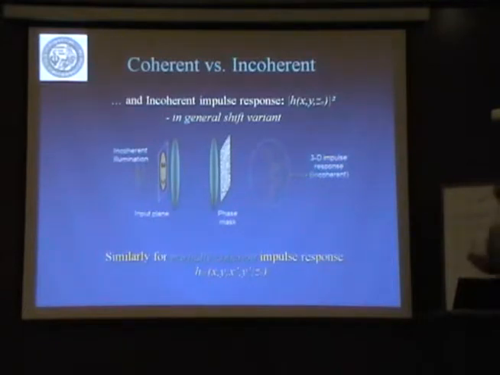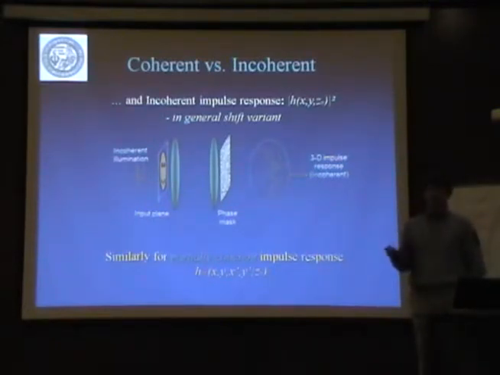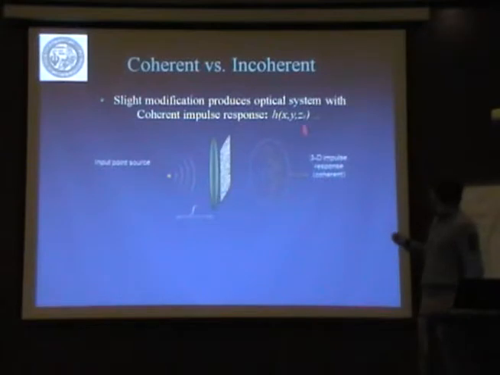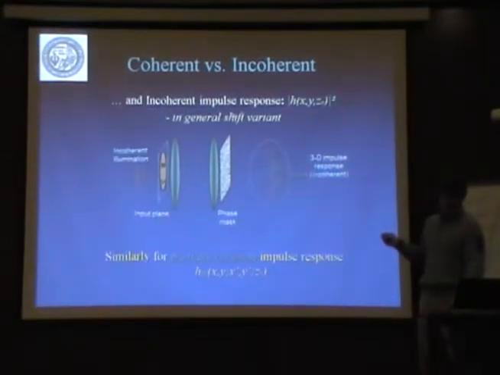In other words, if you illuminate that optical system with a laser, your impulse response is H. If you illuminate with a light bulb, your impulse response is H squared. Believe me.